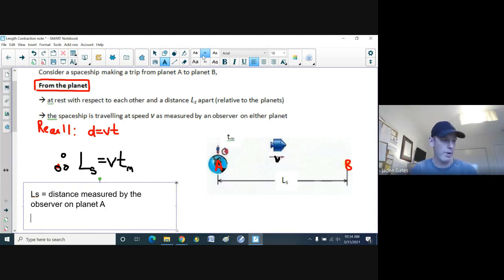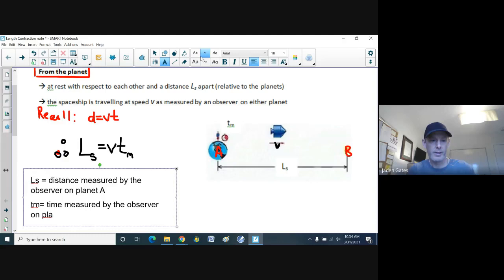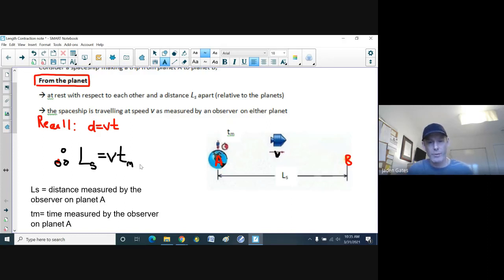I'll go with planet A because that's where I have my person. And the time, t_M, is the time measured by the observer on planet A, because the spaceship is moving relative to them, but the planet is not. So we have an S term and an M term in the same formula. We haven't had that before. That's the situation.